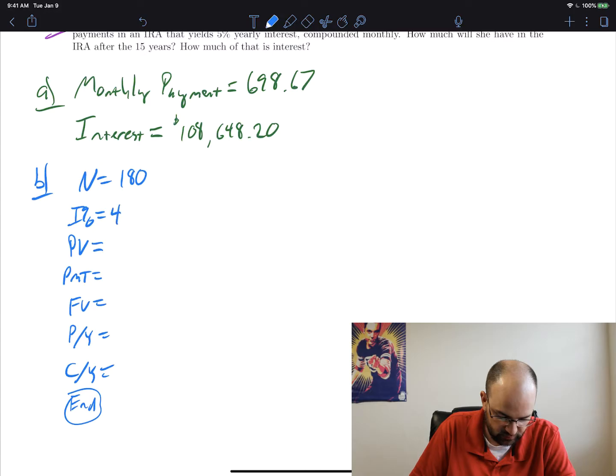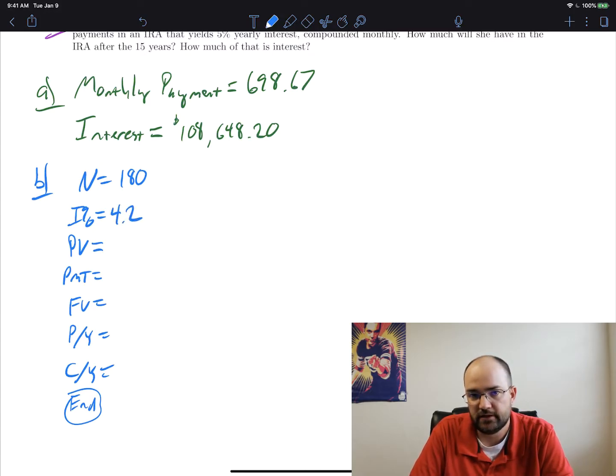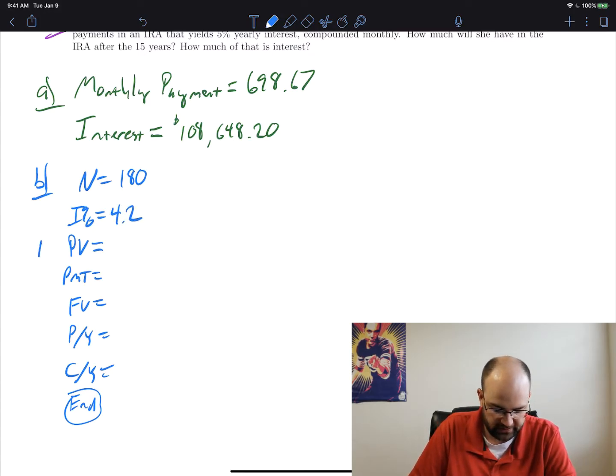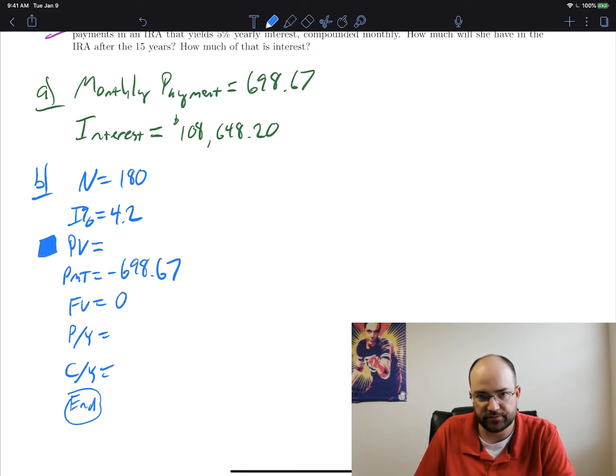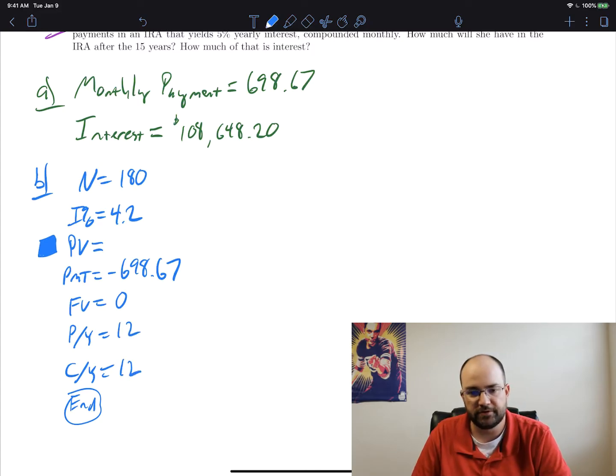We're going to assume the same interest rate, and the present value is what we want to know. The payments are going to stay the same from right here, and we're going to type them as a negative. Future value will be 0 because we'd like to amortize the house, and 12 payments per year.